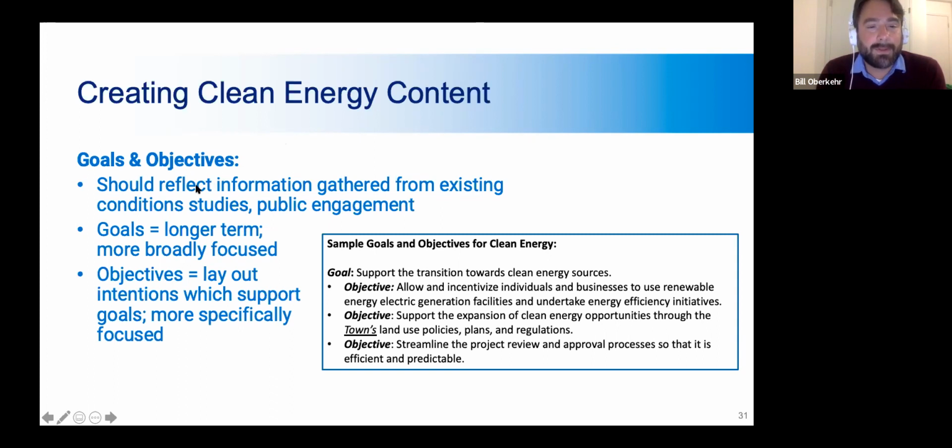So goals and objectives are going to come first. They should reflect the information gathered from existing conditions studies and public engagement. Goals could be longer term, broadly focused, and then objectives lay out intentions which support goals. They're more specifically focused. It makes sense to think of this as a hierarchy.